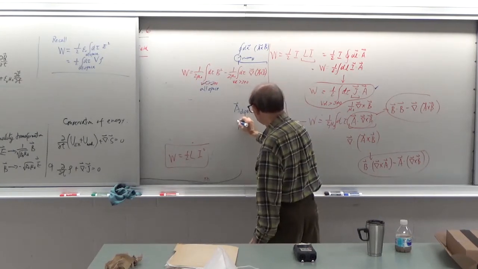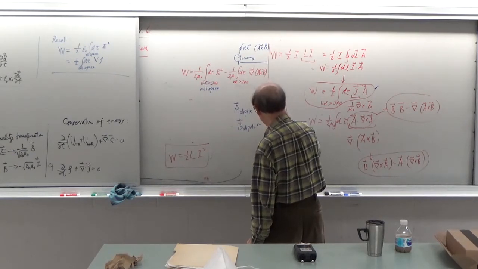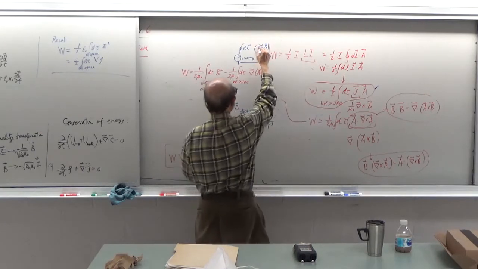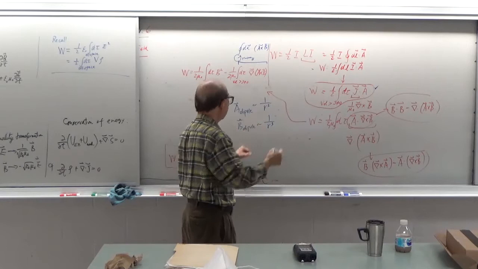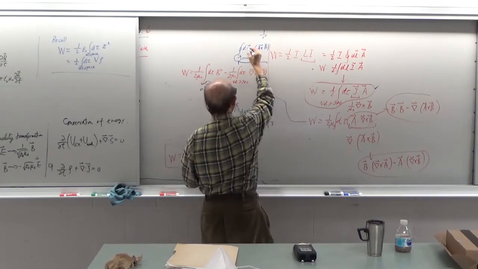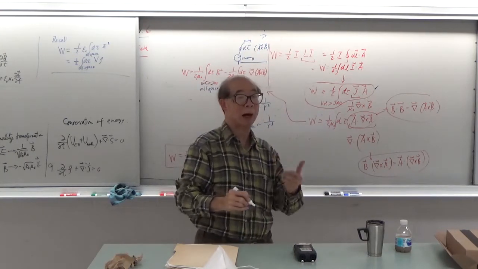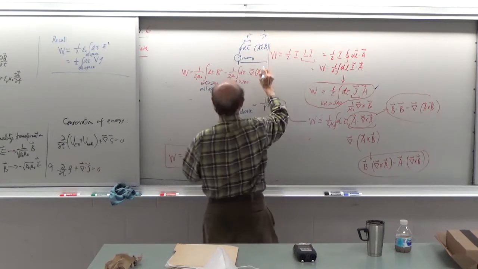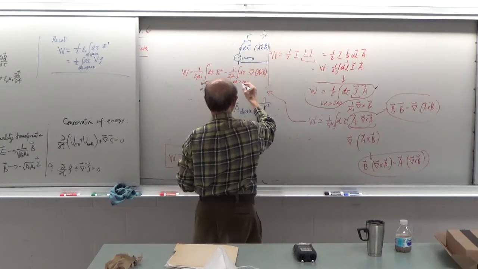And B, for the dipole moment, falls off like 1 over r cubed. So this product will fall off at least as fast as 1 over r to the 5th power. But the area goes up only as r squared. So for large r, this goes away.